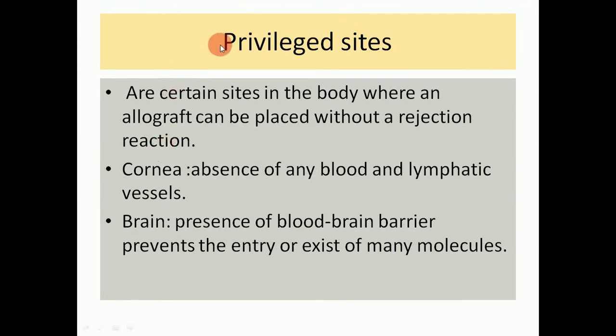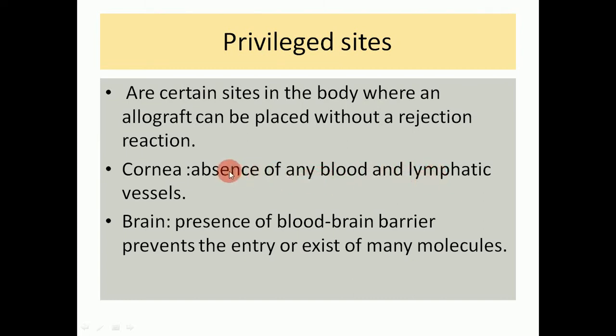There is another subject, which is the privileged site. This privileged site is that the antibody does not recognize these organs, and so there is no rejection. First, the cornea, which has absence of any blood and lymphatic vessels.